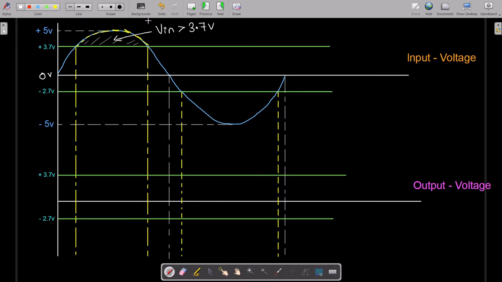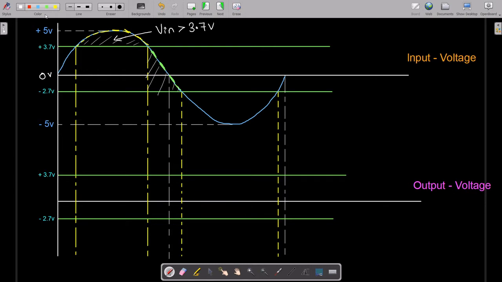When V in is greater than 3.7 volts, the very next thing you can see is this one. I will shade this particular area. Anyhow, we are not going to deal with area, but for your better understanding I have drawn this.